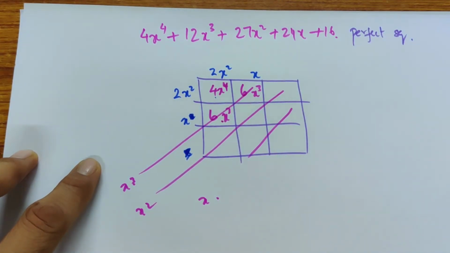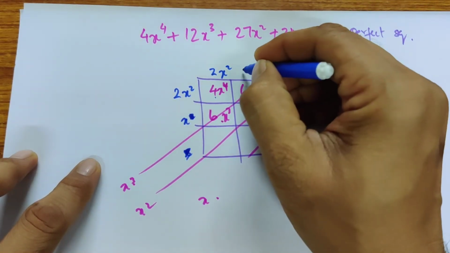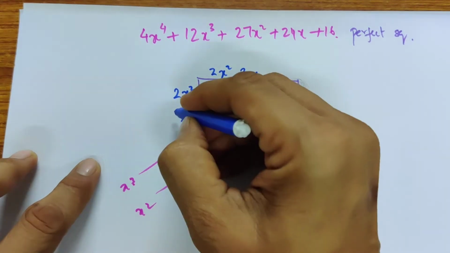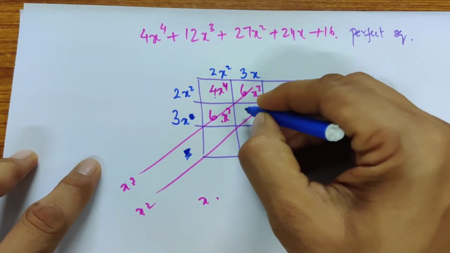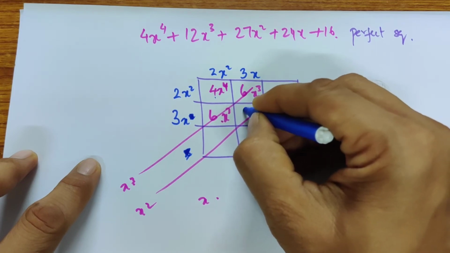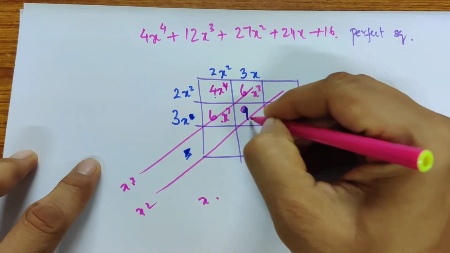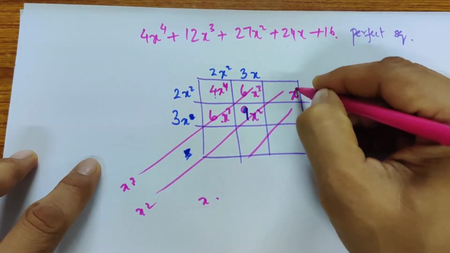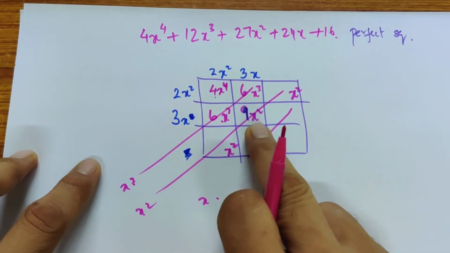So now it's just a matter of looking at, okay, 6 is there, 2 is already here. What else do I have to multiply to get 6? 3. So these two become 3x. So 3 threes are, that's 9. So that's 9. Sorry, 9x square, and we know there are 2 more terms of x square here. So this is 9x square.